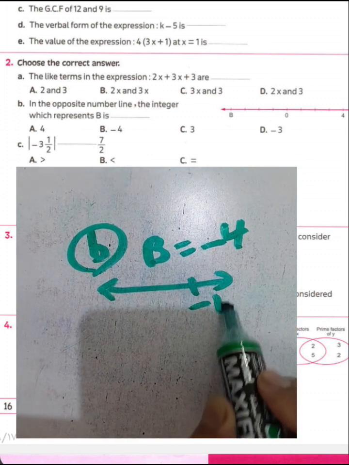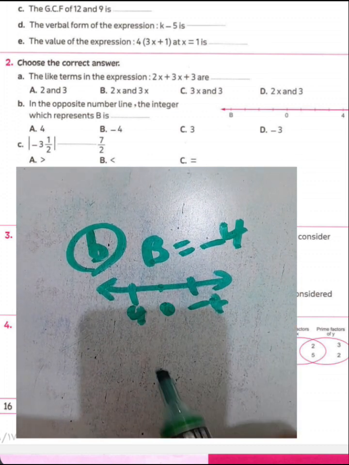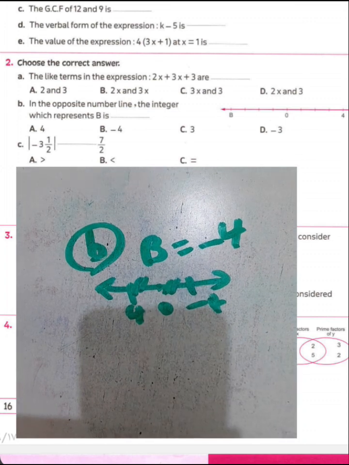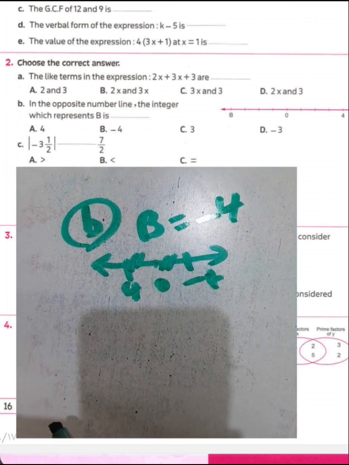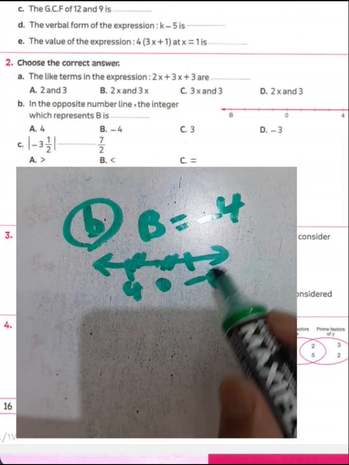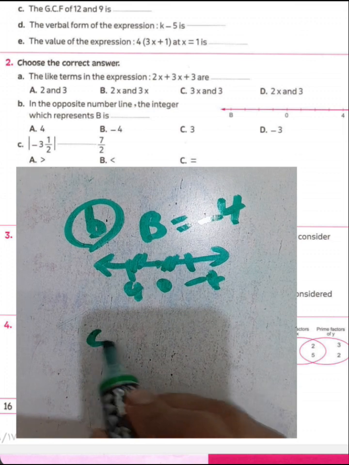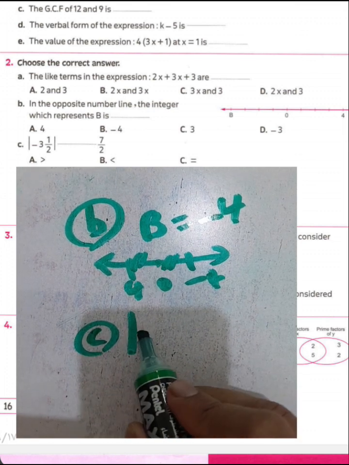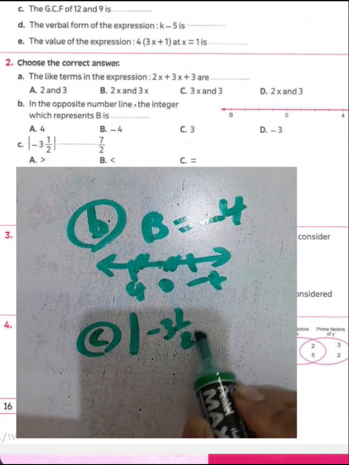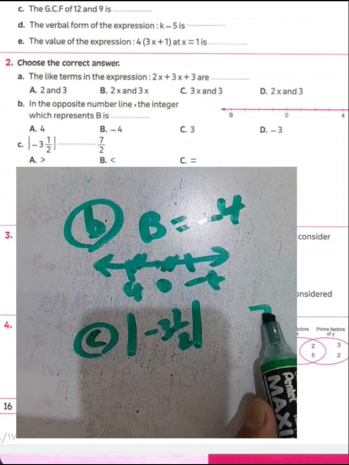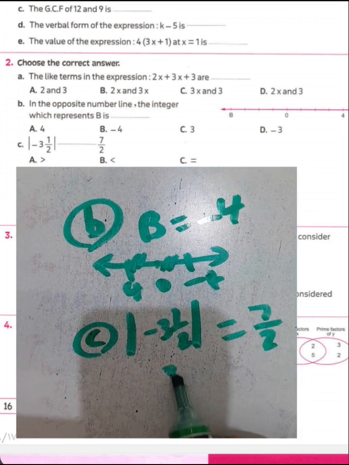Question letter C: the absolute value of negative 3.5 or 7 over 2 will be equal to 3.5. It will be positive, we convert from negative to positive, and it will be equal to 3.5, which equals 7 over 2.